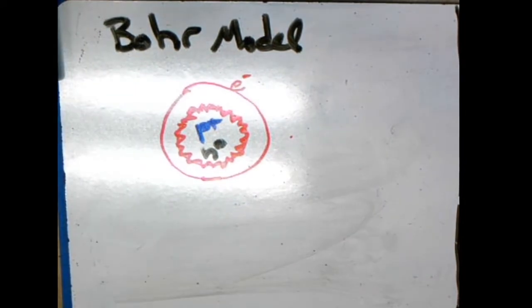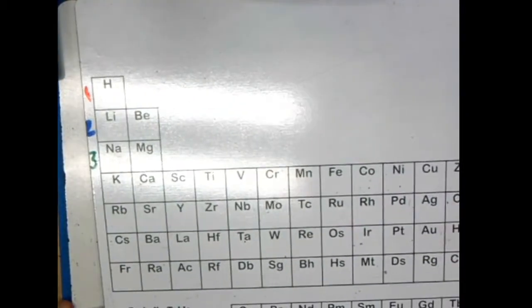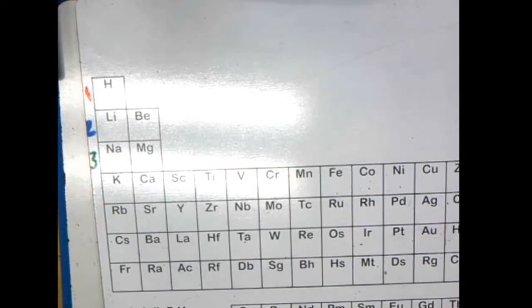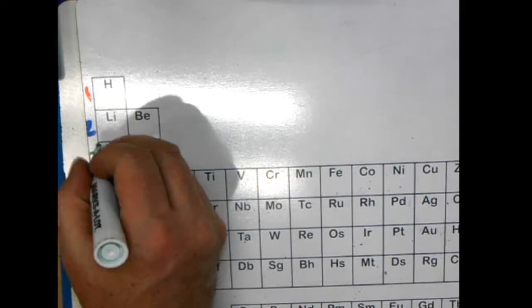Now, the big question is, how many rings should your atom have? Well, if you recall, the location of the atom and the row that it's in dictate how many rings it will have. We're going to still look at sodium here.